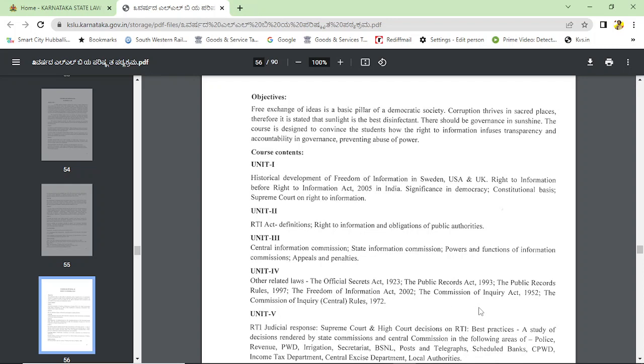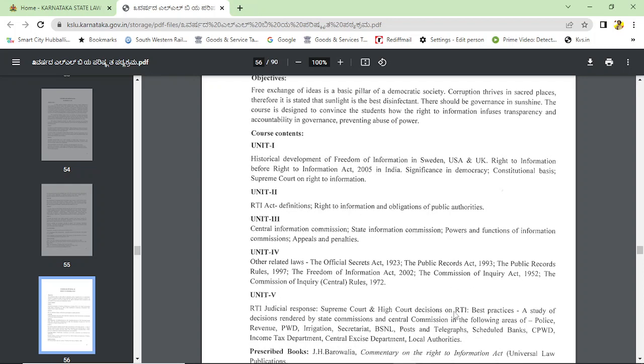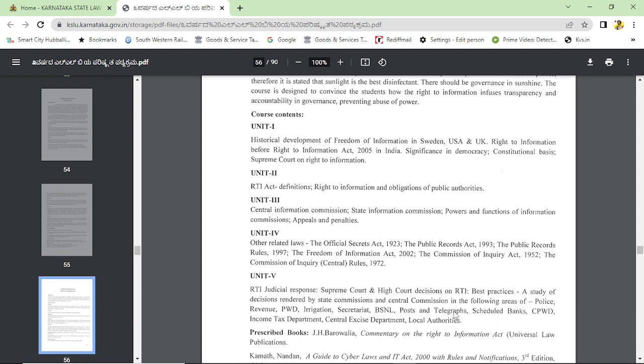You will see that we will be studying the international implication of certain laws' significance with respect to how democracy or laws are being accepted.